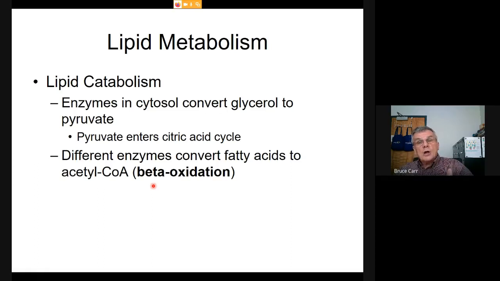A triglyceride is going to contribute a glycerol, which is 1 acetyl group, and 3 fatty acid chains, which is 27 acetyl groups. So think about this. 1 molecule of triglyceride contributes 28 cycles of the citric acid cycle. So that's why it is such an energy delivery system.